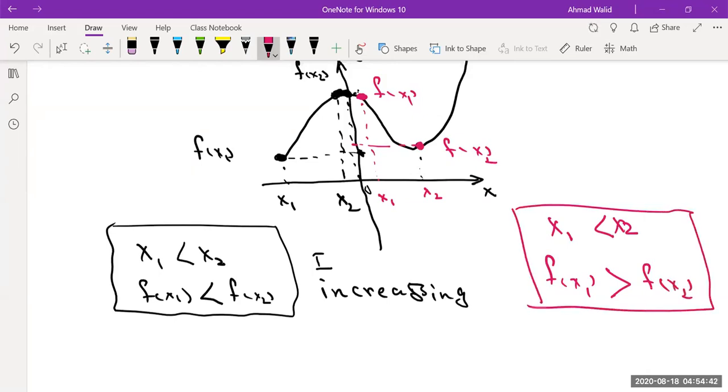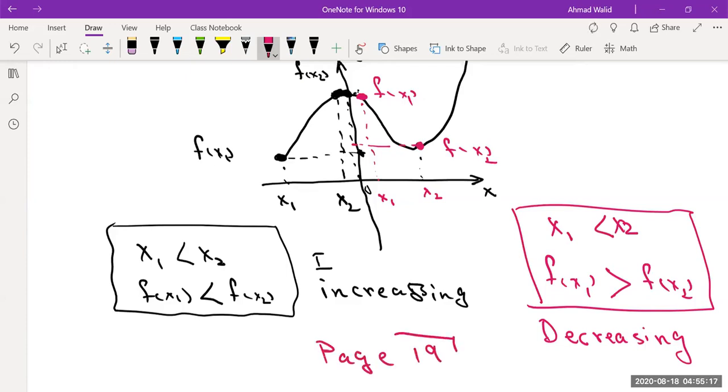If you see such a relation, that x1 is less than x2 and f of x1 is greater than f of x2, in this case, the function is decreasing in the given interval, right? Your function is decreasing. It's really easy for you to understand when a function is increasing and when a function is decreasing.